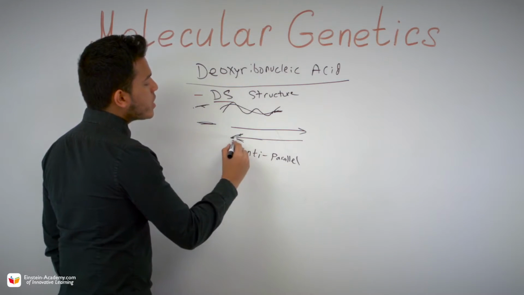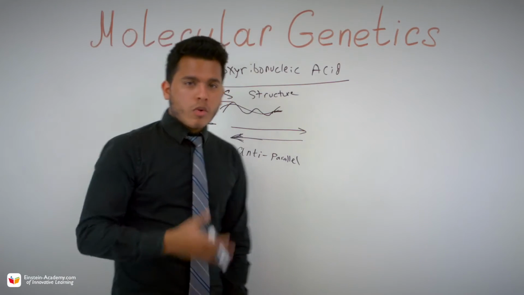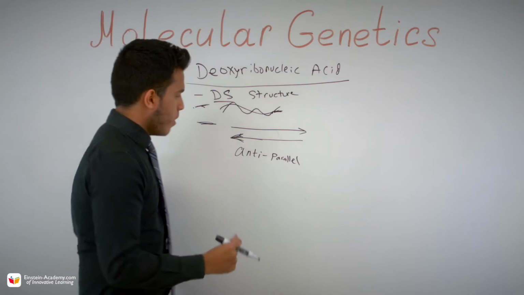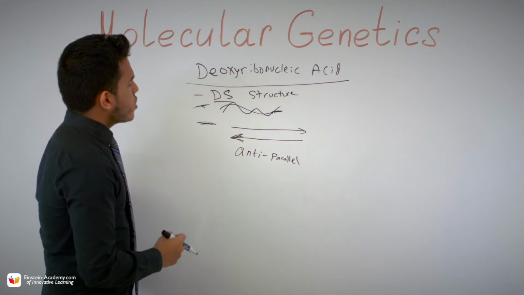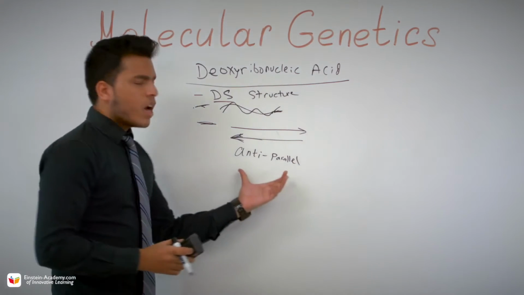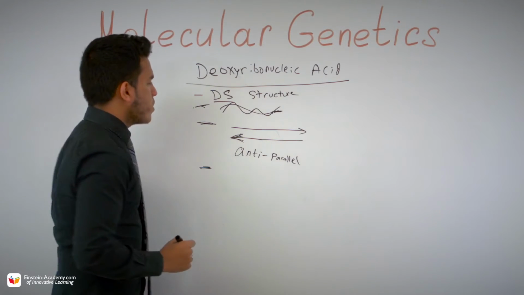This is called the anti-parallel direction. Very important when we start to learn about labeling DNA. You're going to see in just a few minutes. So we have a double-stranded structure, we have a double helix, and it goes in the anti-parallel direction.